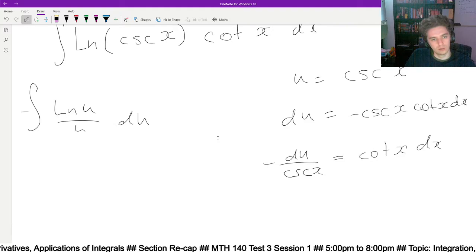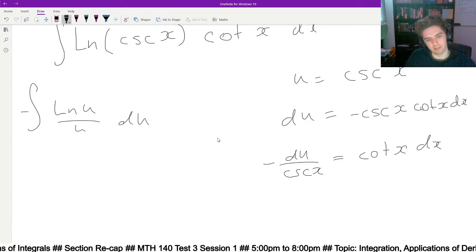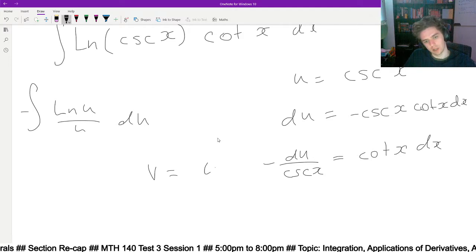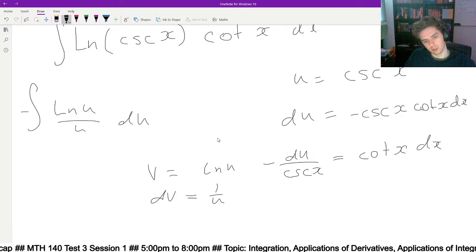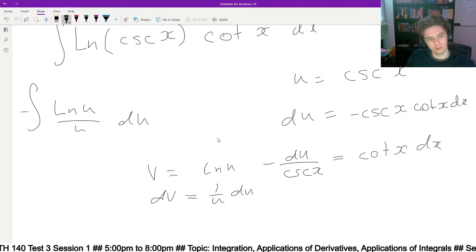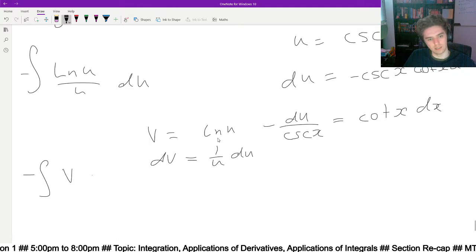So what would we use for the substitution now? We'd say v equals ln u, dv equals 1 over u du. So this is negative integral of v dv.